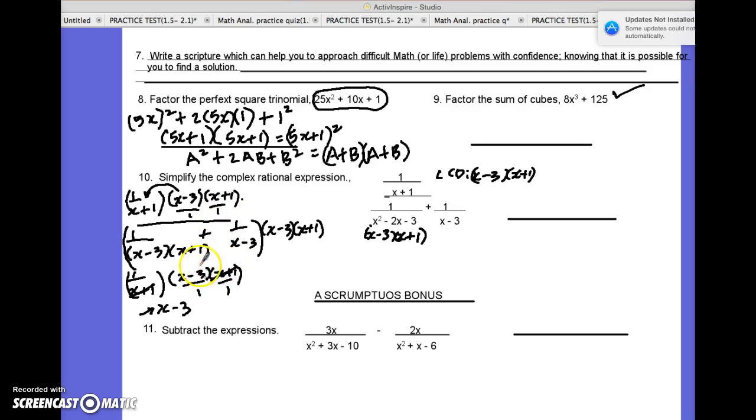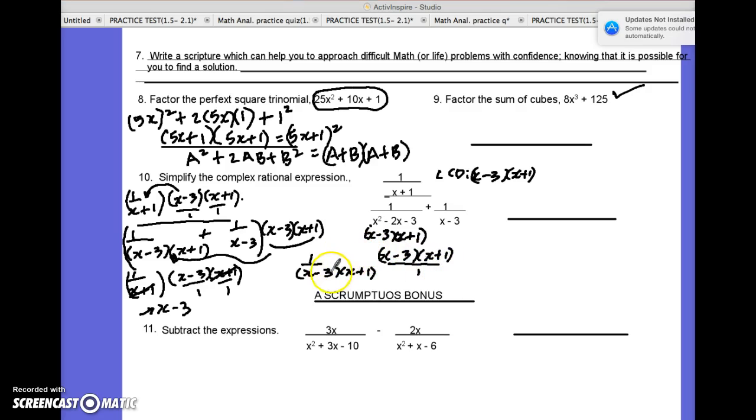That's in the numerator. And the denominator is going to be a bit more complex. We're going to have to multiply the x minus 3 times x plus 1 times this term first. And it's going to be fairly easy because when we do it, I want to do it right here: 1 over x minus 3 times x plus 1 times the LCD, which is x minus 3 times x plus 1, understood to be over 1.